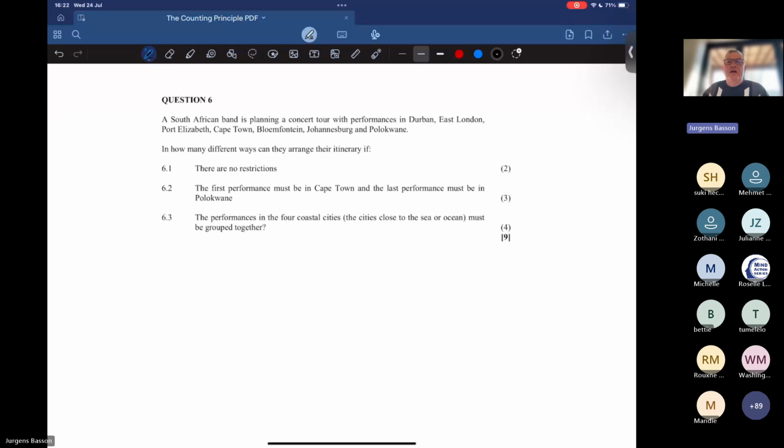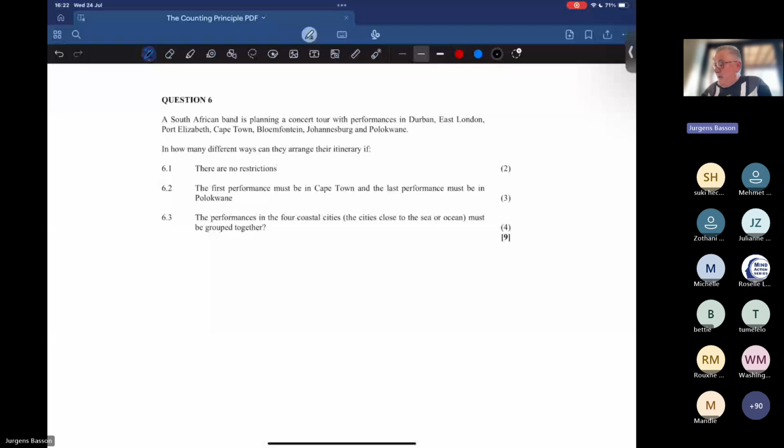And we want to arrange their tour. First question is, there are no restrictions. How many ways can we arrange this tour? Now, these are 7 cities, and these cities can't repeat. So there's no repetition. There's 7 of them.